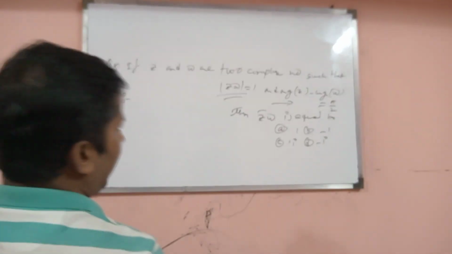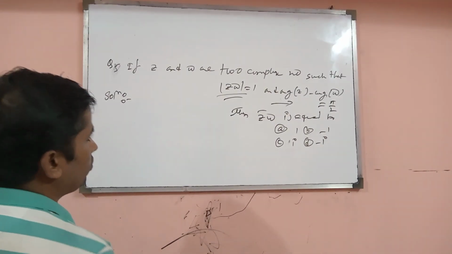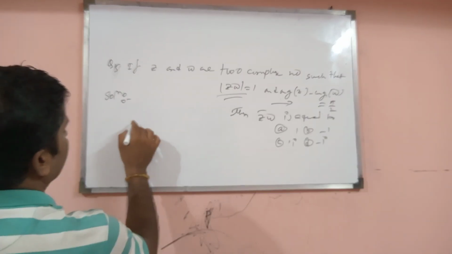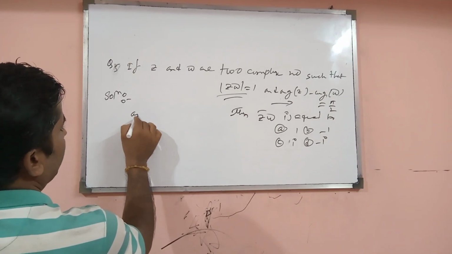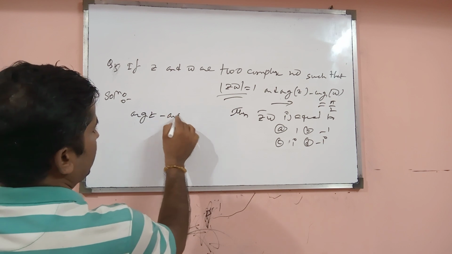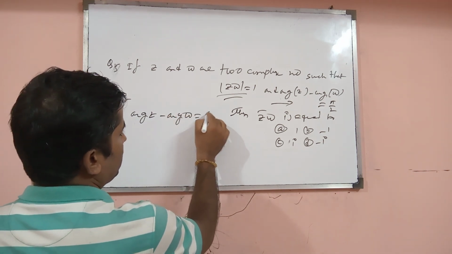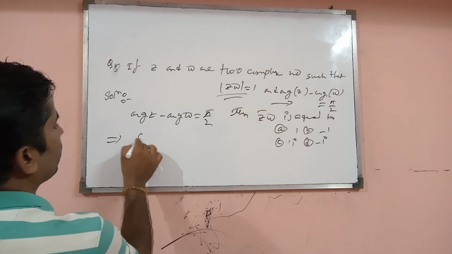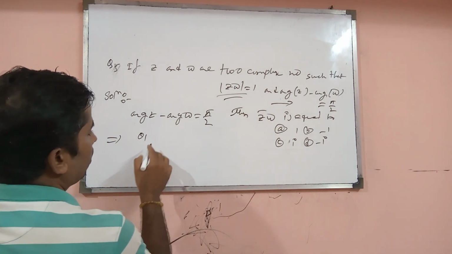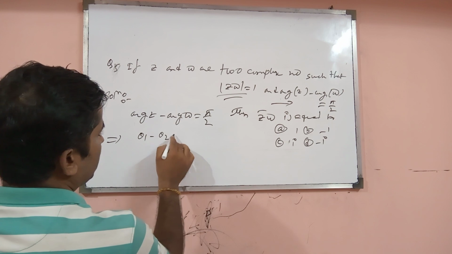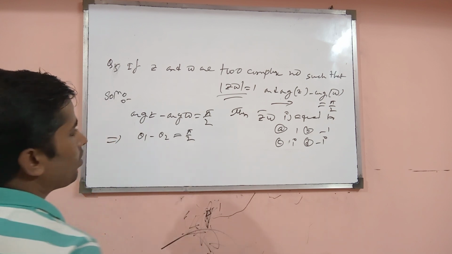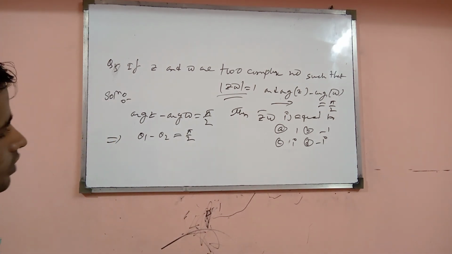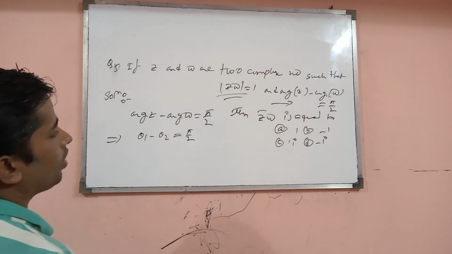Argument of Z minus argument of W is equal to pi by 2. So argument of Z is theta 1, argument of W is theta 2, theta 1 minus theta 2 is equal to pi by 2.